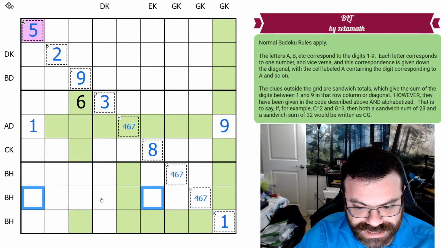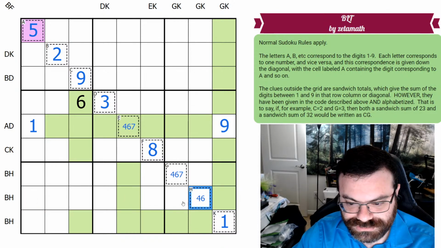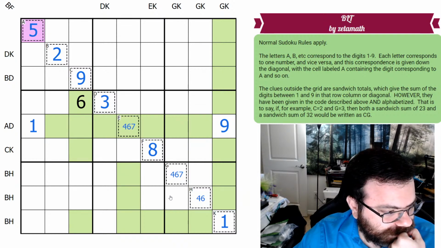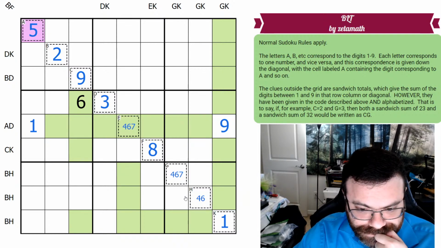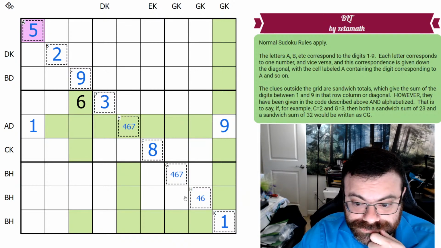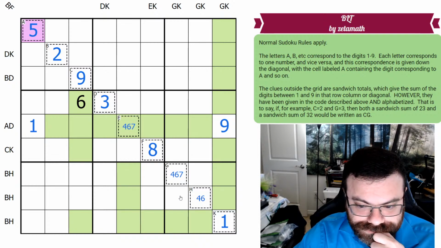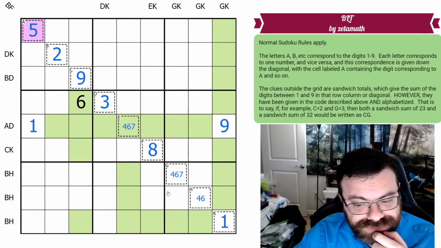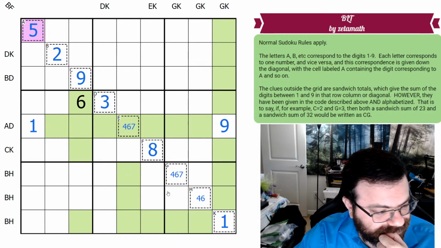So H can't be 7 then. So we're either 5, 6, 7, 8, or we're 3, 6, 7, 8, or 4, 5, 7, 8.